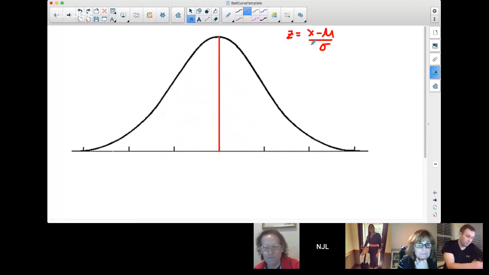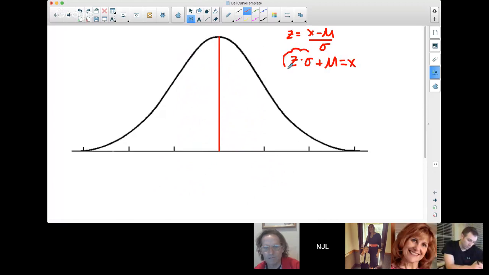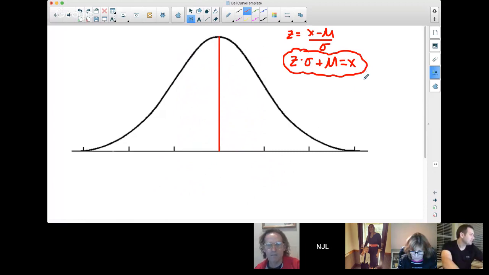So we should also note that z times the standard deviation plus the mean is equal to x. Nice formula to have when we want to solve for the value. If you hate math, that's a good formula to keep handy for these percentile ranking questions.